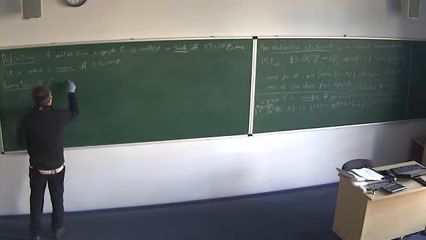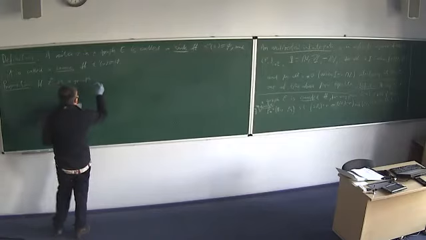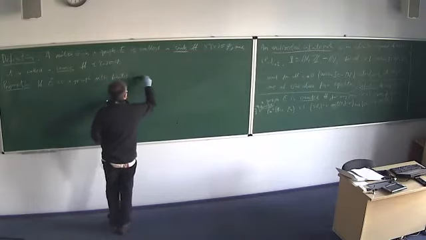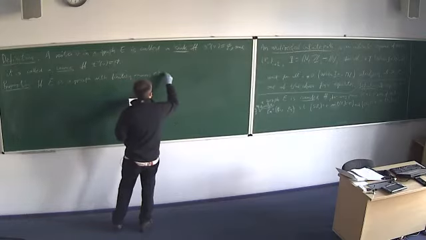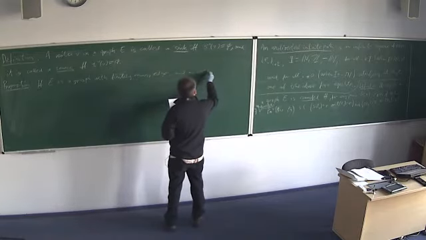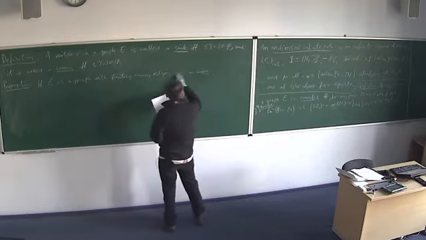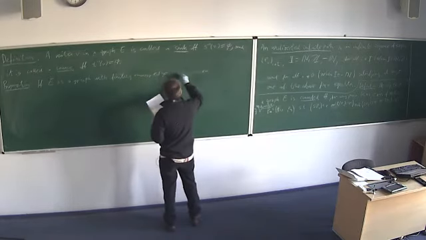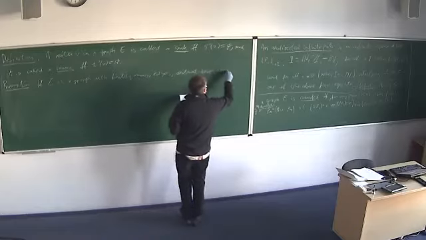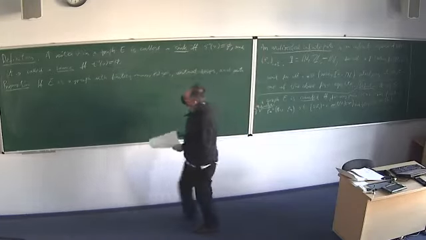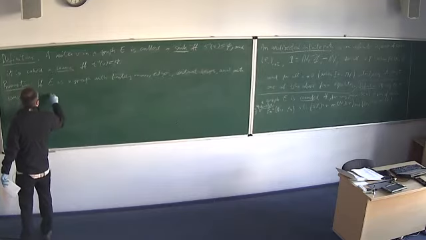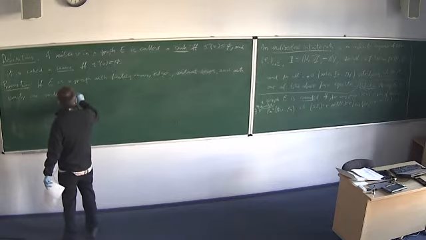If E is a graph with finitely many edges, and no loops, well, maybe with finitely many edges without loops, and with precisely one sink, then this graph is connected.